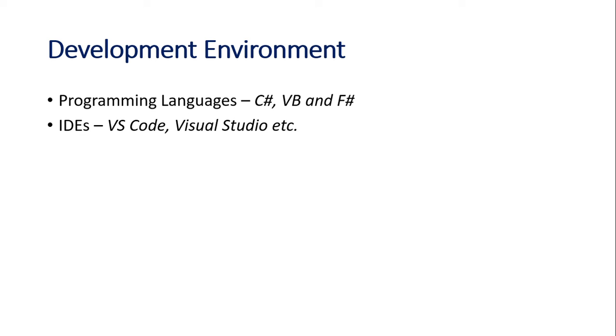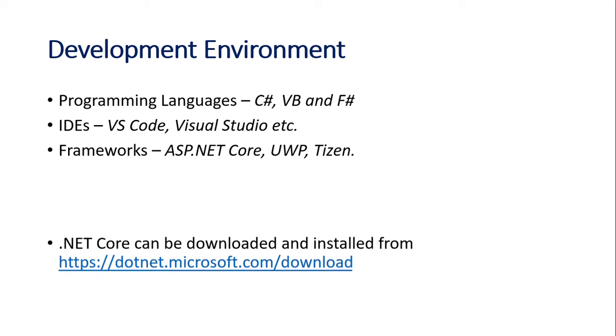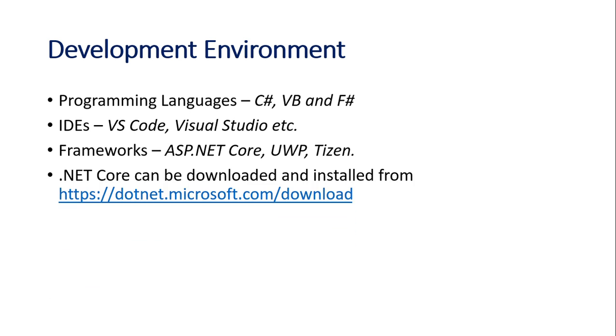These are the two popular IDEs used for development of .NET Core applications. As I said in the previous slide, you have frameworks called ASP.NET Core, UWP, that is Universal Windows Platform, and Tizen framework.